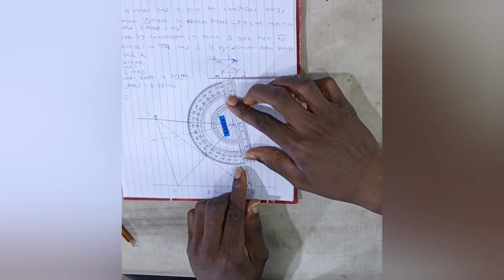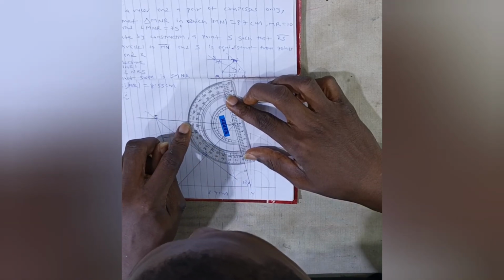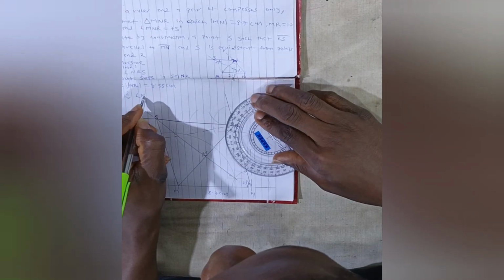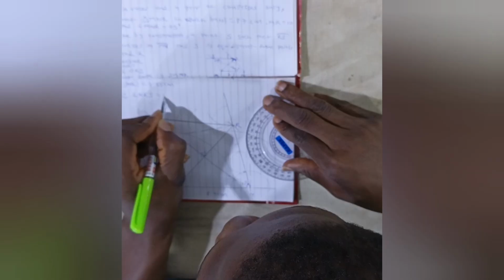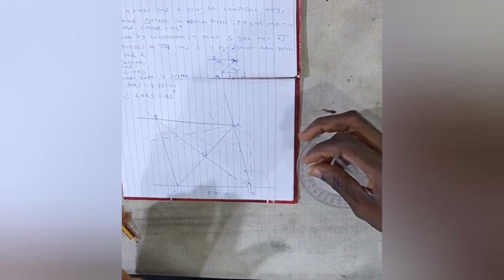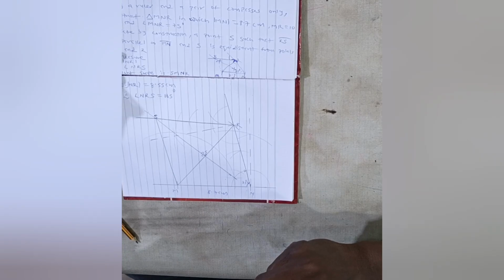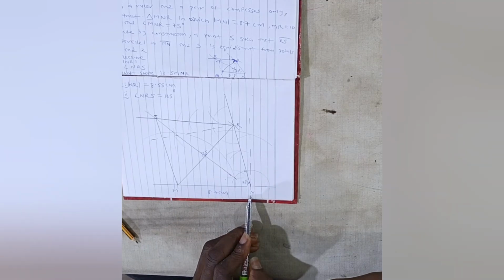So you can see this 10, 20, 30, this 100, and this 105 degree. So my angle MNS is equal to 105 degree.